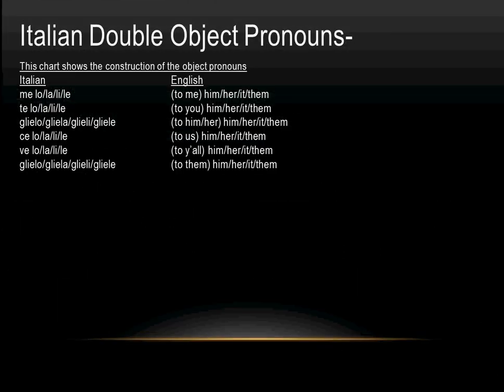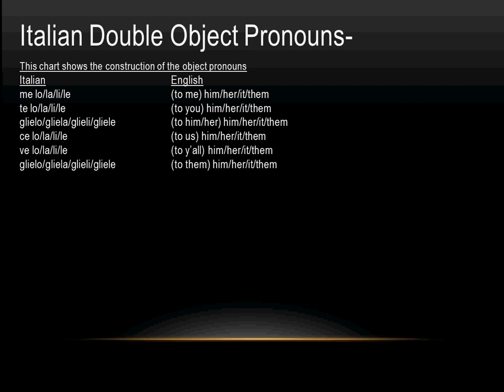Okay, this chart shows a construction of object pronouns. So for instance, we have me and then space, and then you place either lo or la or li or le. So you'll notice it's not connected, as we said on a previous page, and instead of being mi, the indirect object pronoun is me, because it's going to be followed by one of these direct object pronouns.